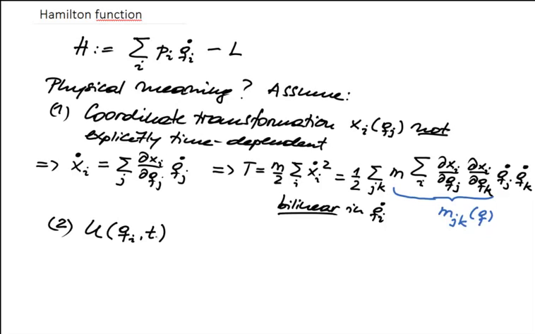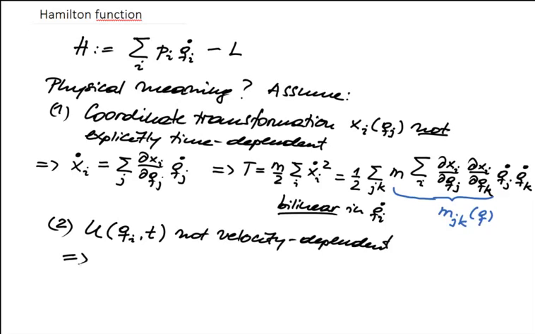But what's important here is that it does not depend on the generalized velocities. If we start from the observation that the potential does not depend on velocity in the Cartesian description, then it won't depend on velocity in the generalized coordinates either. But I still want to write it down explicitly that this is not velocity dependent.